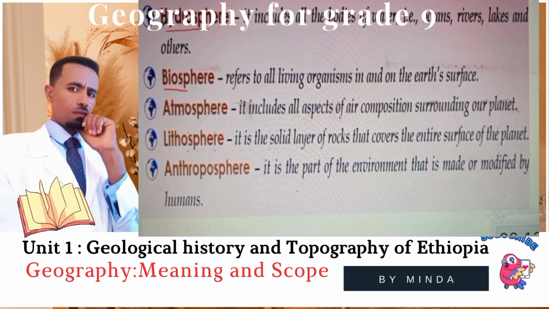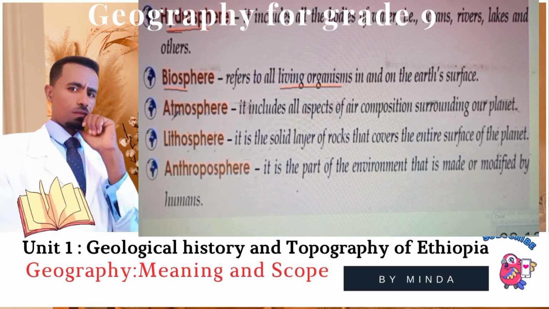So hydrosphere is one of the scopes of geography, which is the water body. Biosphere refers to all living organisms and the environment of living organisms. This is another scope of geography.